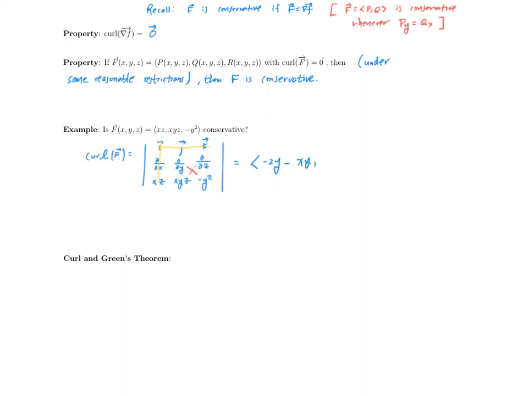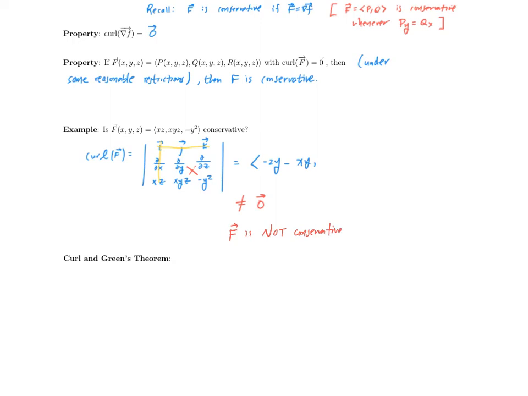But note at this point, we already know the answer. This is not equal to the 0 vector. The reason it's not equal to the 0 vector is because 2y minus xy is not always going to be 0. And we're done. So the conclusion would be that F is not conservative.